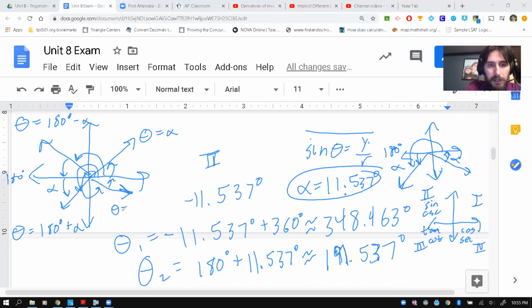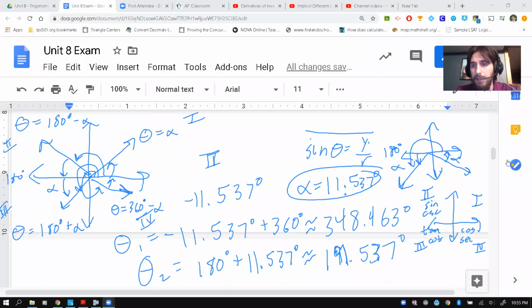So our angle is 360 minus the reference angle. So those are how you find your angle. Those are the equations that relate your central angle to your reference angle in quadrants 1, 2, 3, and 4.